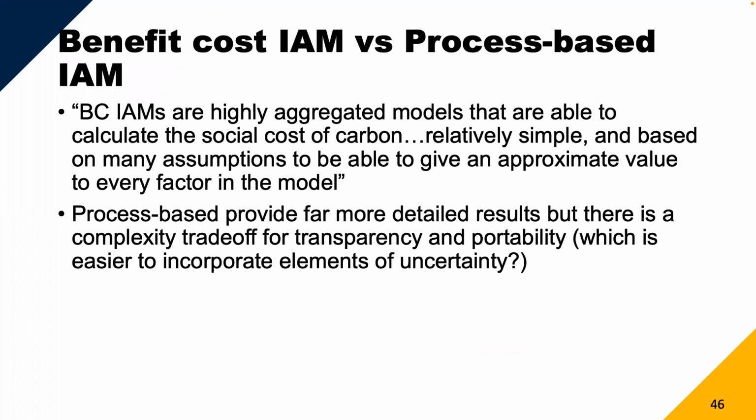Okay, there are highly aggregated models for the cost-based ones. They have a lot of assumptions to give the approximate value of everything in the model, but the process-based gives a lot more detailed results. But these things can start to get really complicated.